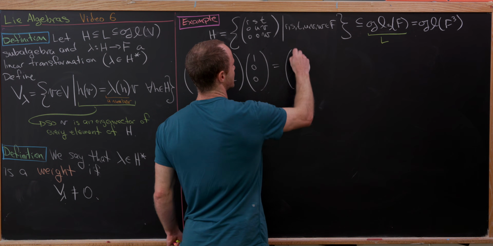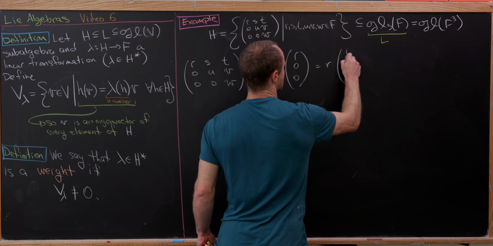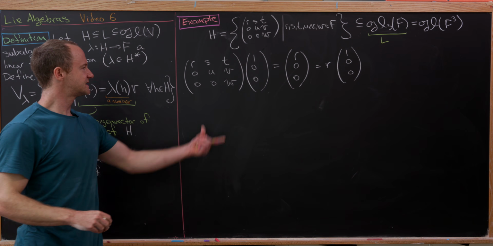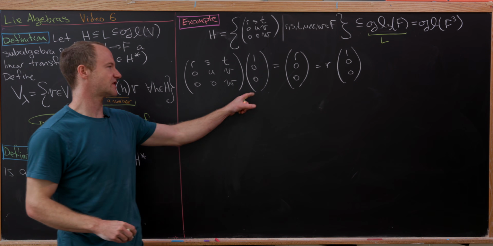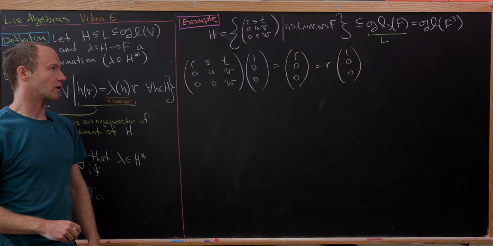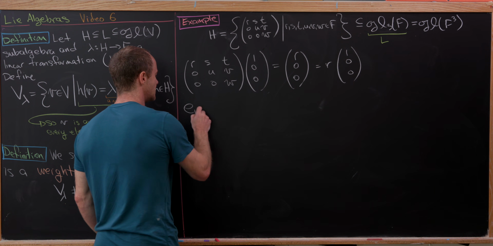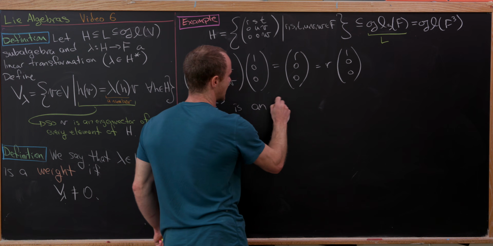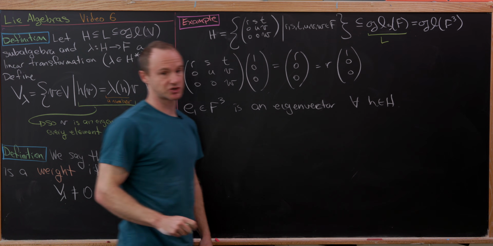By straightforward matrix multiplication, you get (r, 0, 0), which is r times (1, 0, 0). But since this is an expression for everything inside of H, that means E1 is an eigenvector for all of these matrices. So let's write that down. E1 inside of F^3 is an eigenvector for all little h inside of H.